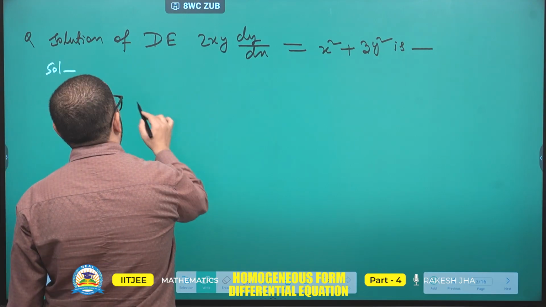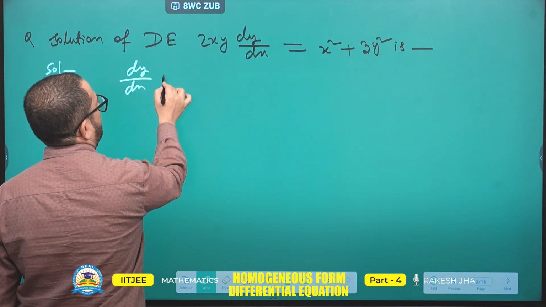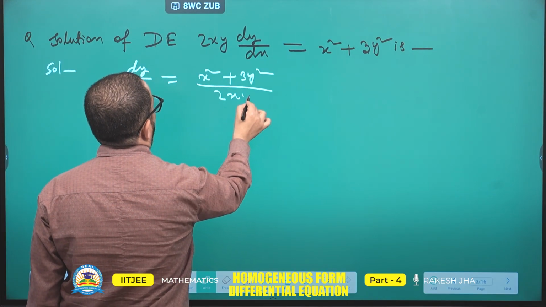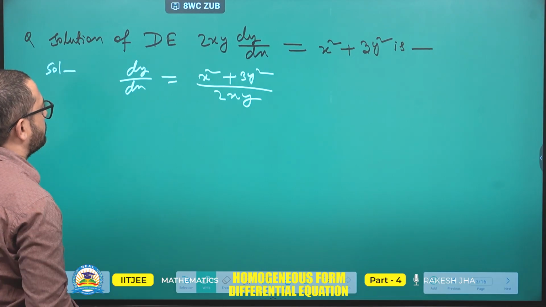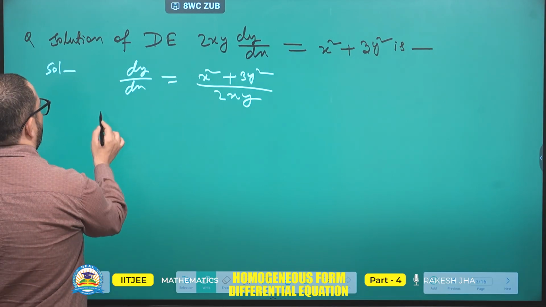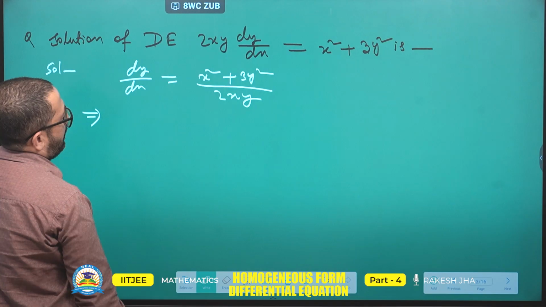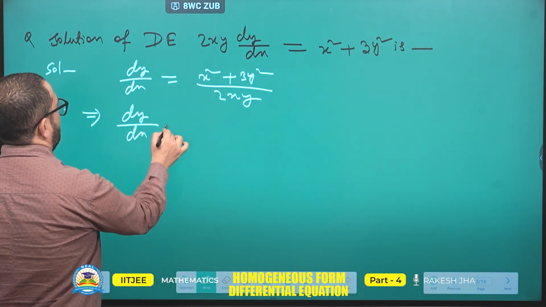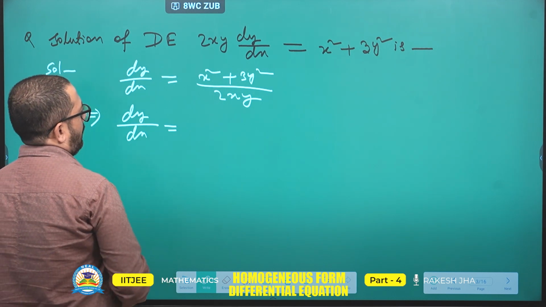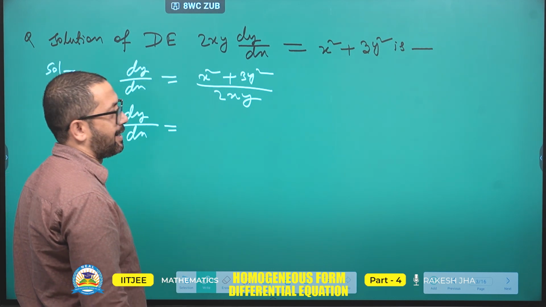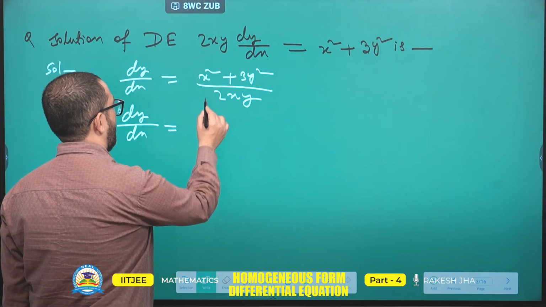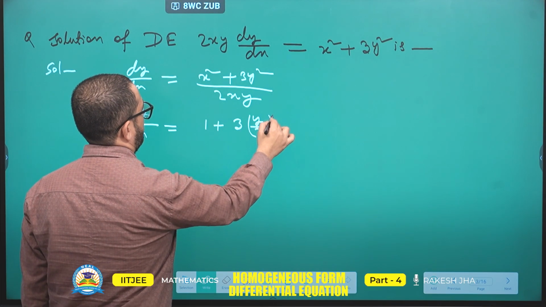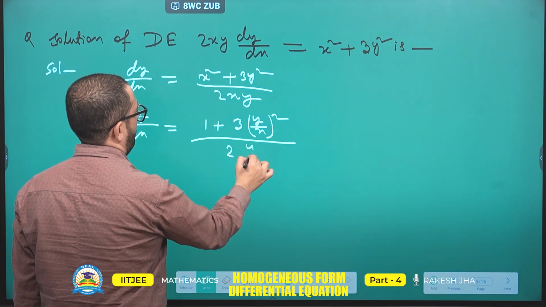So here dy by dx we can write as (x square plus 3y squared) upon 2xy. If you divide the numerator and denominator by x square, it will be (1 plus 3 times (y upon x) whole square) upon 2 times y upon x.